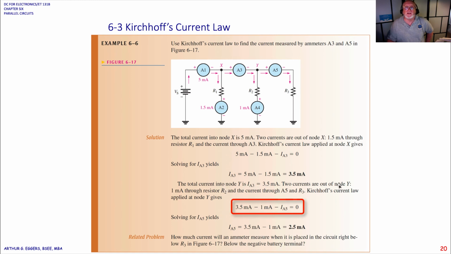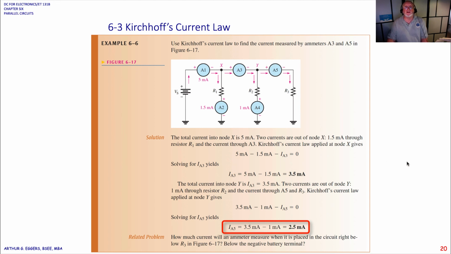The two currents out of Y, then, are 1 milliamp through resistor 2, and the current through A5 and R3. Kirchhoff's current law applied at node Y, again, we sum it, let it equal 0, solve for A5. In this case, the current A5 yields 3.5 milliamps minus 1 milliamp, or 2.5 milliamps through the ammeter A5.